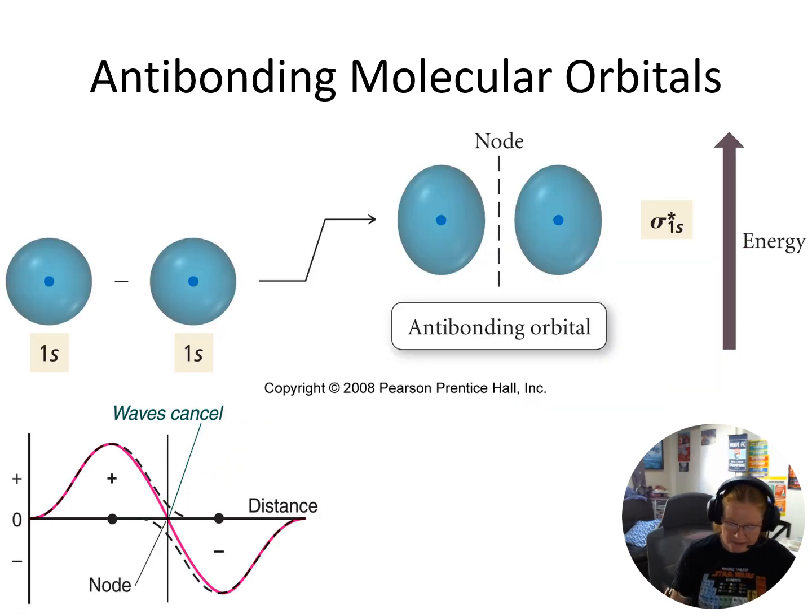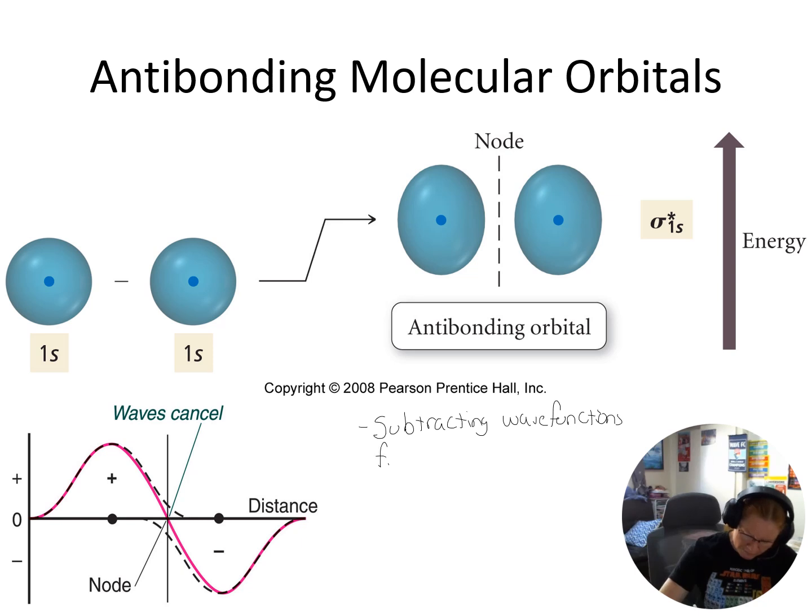Conversely, we get antibonding molecular orbitals. So in this situation, we are subtracting wave functions from each other.